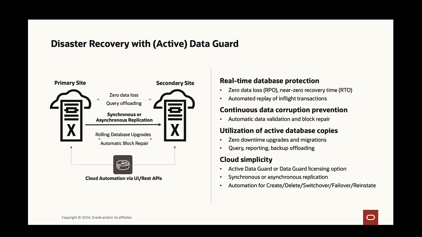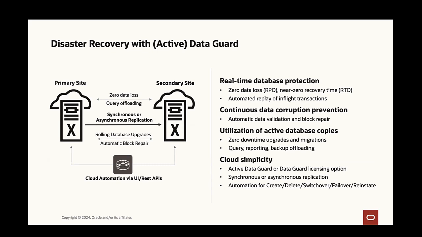And Active Data Guard enables you to utilize active database copies for upgrades and migrations, as well as offloading queries, reporting, and backups to remote standby. And setting up Data Guard is a critical component of any maximum availability architecture solution.